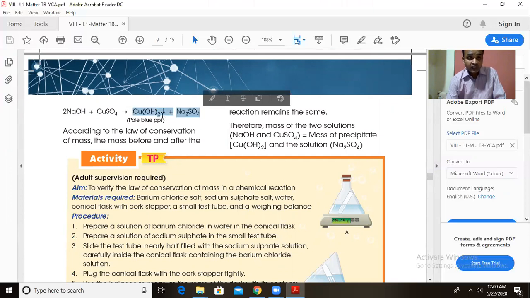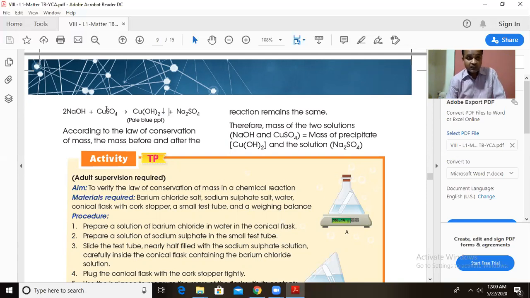The downward arrow indicates that a precipitate is formed. What is a precipitate? A material that does not dissolve in the reaction mass and settles down slowly as a solid is called a precipitate. We are going to see one practical related to this also, showing how a precipitate is formed.